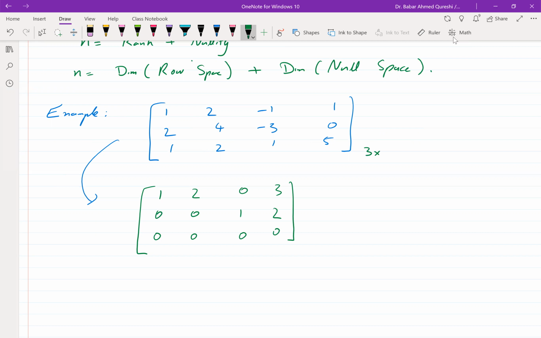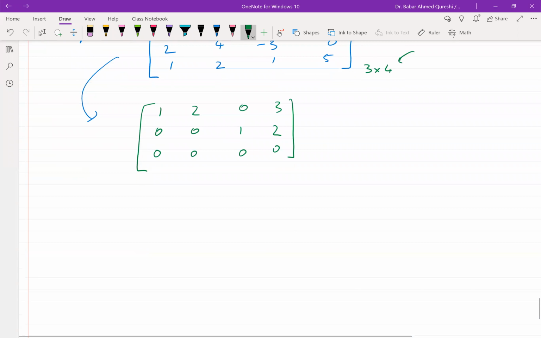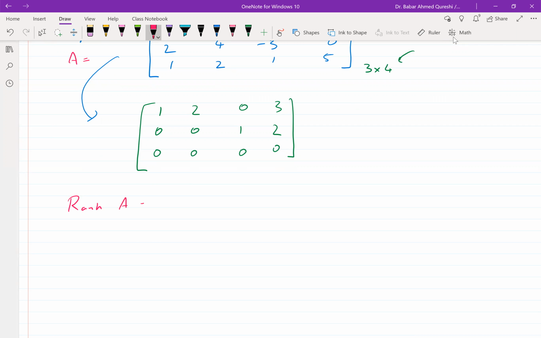So it's a 3 by 4, and it is this number, the second number, which comes in that theorem. So what's the rank? Let's call it A. What's the rank of A? Number of non-zero rows in this reduced echelon form. So you have 2.